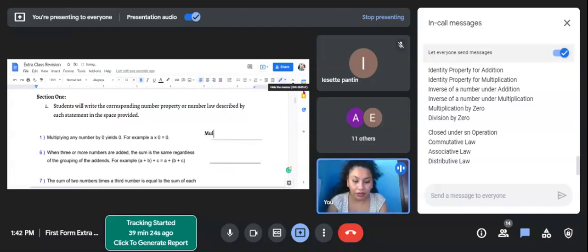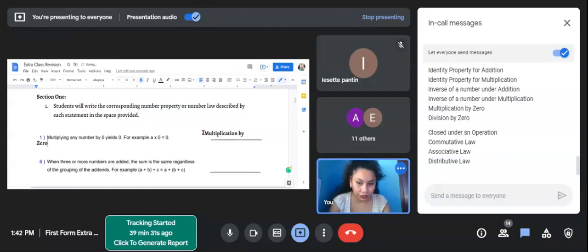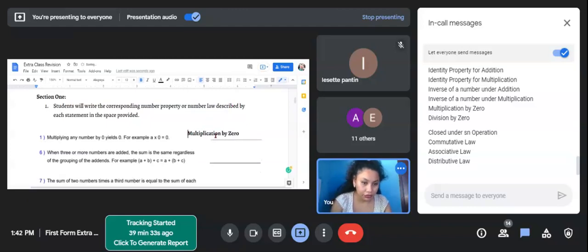Okay, so here I'm going to have multiplication by 0.